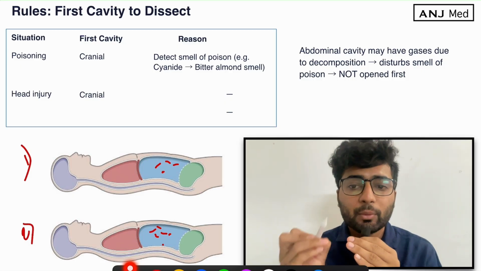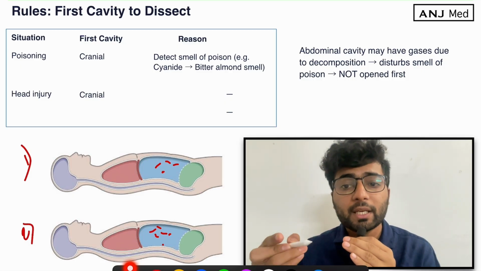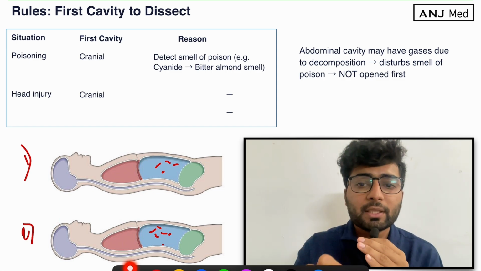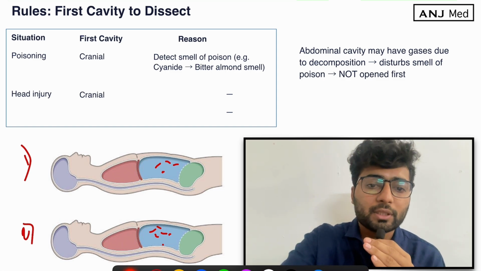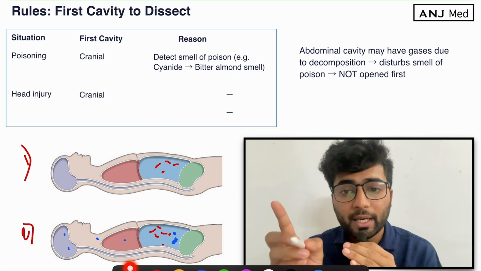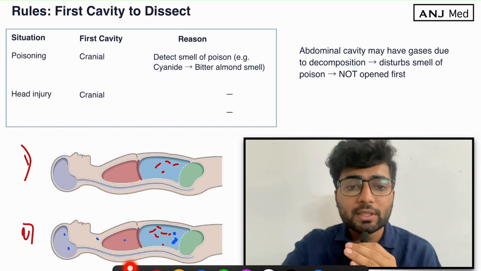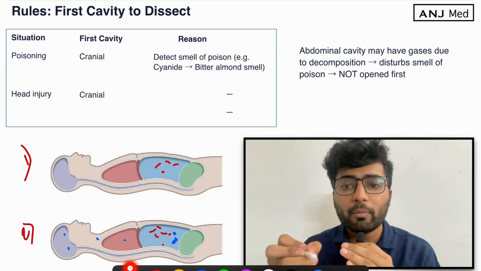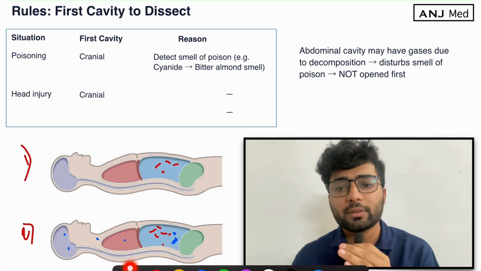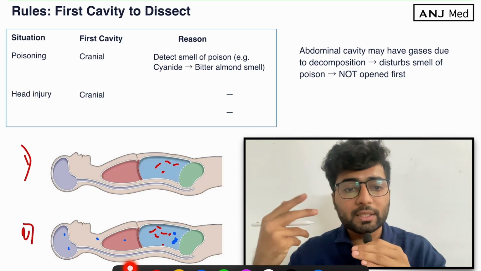Now the poison also has its characteristic smell. Let's say a person died due to cyanide poison, then there will be cyanide deposited here in the body, and cyanide has a smell. Now if you open this abdominal cavity, the smell of decomposition caused by bacteria will mask the cyanide smell, so we will not smell the cyanide properly.